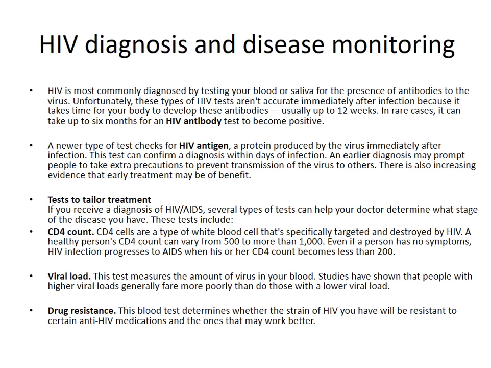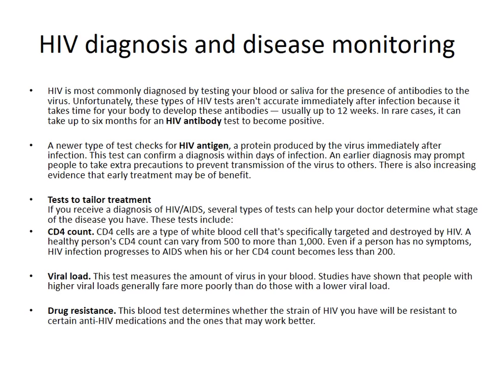So HIV is commonly diagnosed by testing your blood or saliva for the presence of antibodies to the virus. Unfortunately, these types of HIV tests aren't accurate immediately after infection because it takes your body some time to produce the antibodies. It can take up to 12 weeks. In rare cases, it can take up to 6 months for an HIV antibody test to become positive. A newer type of test checks for HIV antigen.